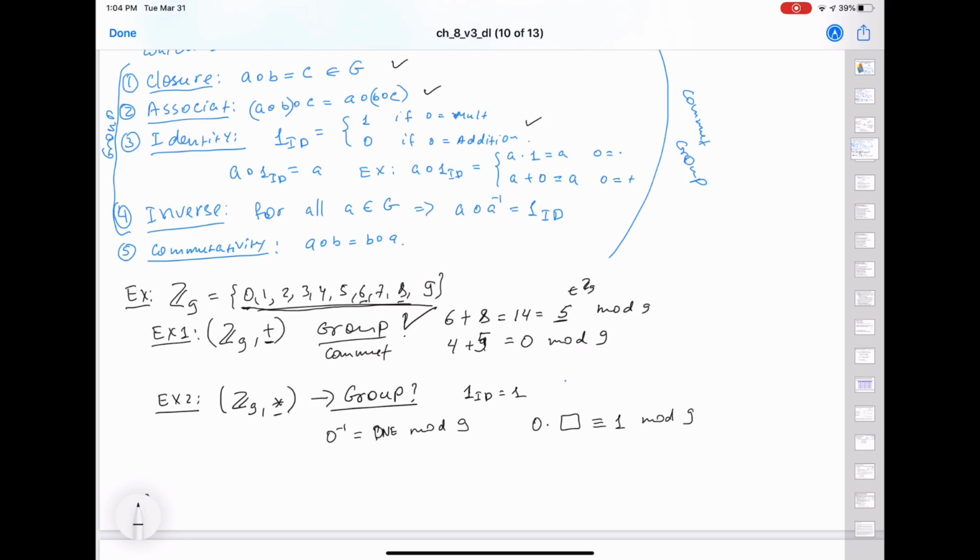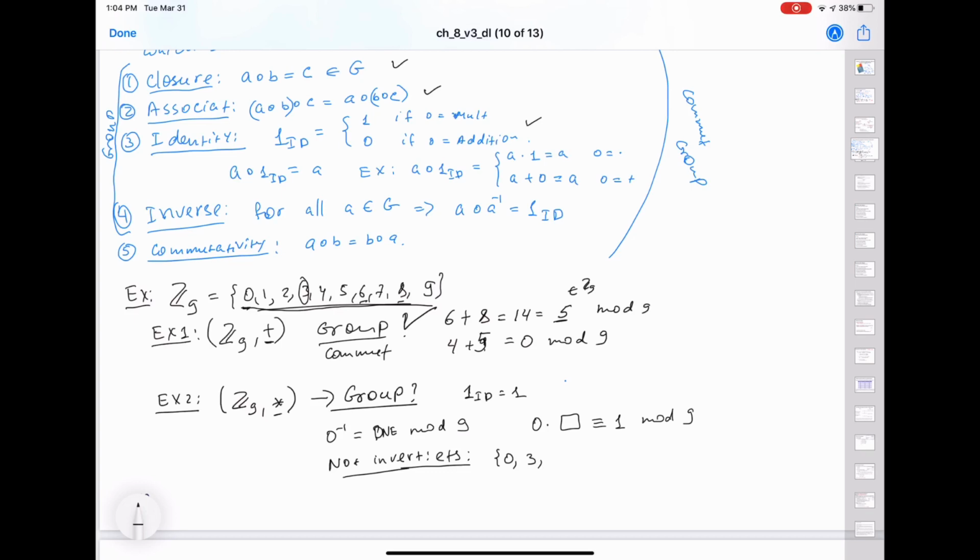Not just 0 is not invertible. You can find more non-invertible elements. What are the non-invertible elements? 0, and 3, because the GCD of 3 and 9 is not 1. 3 is not invertible.